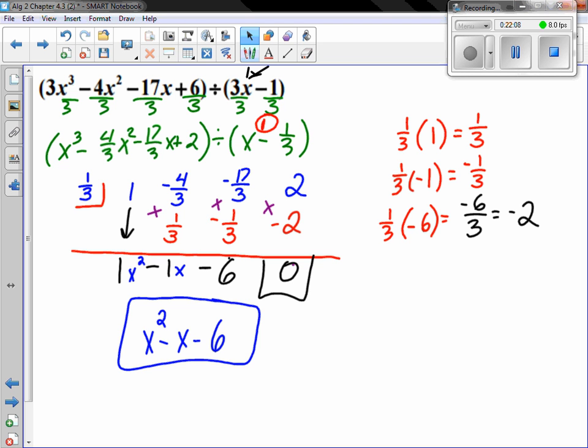If you remember back to yesterday, we did some where we had a degree 3 divided by a degree 2 quadratic. Well, 3 minus 2 gave us 1. So the only way that we would get something without a variable in it is if the degree of the divisor and dividend are the same. If they're the same, then it would reduce completely. Any questions on this here? We good with this?